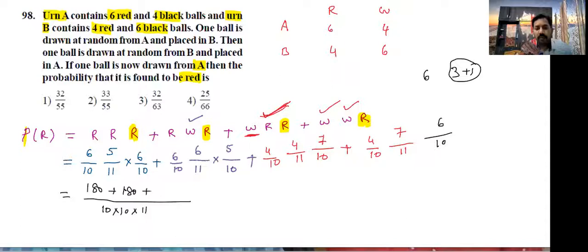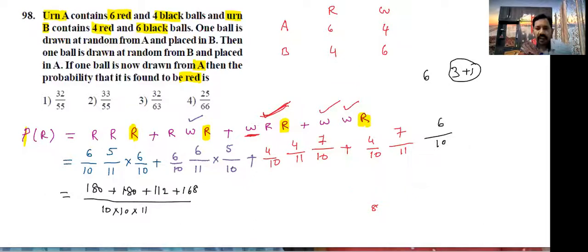Plus, 4 4s are 16. 16 into 7. 7 6s are 42, 7 1s are 7, so 112. 112 plus 4 into 7 into 6. 6 fours are 24. 24 into 7. How much? 7 fours are 28, 7 twos are 14, so 168. Yeah, 168.